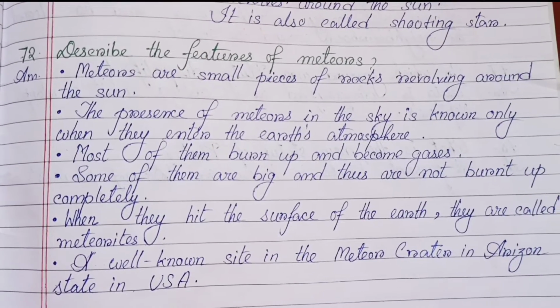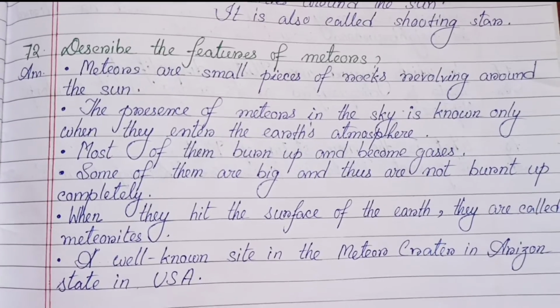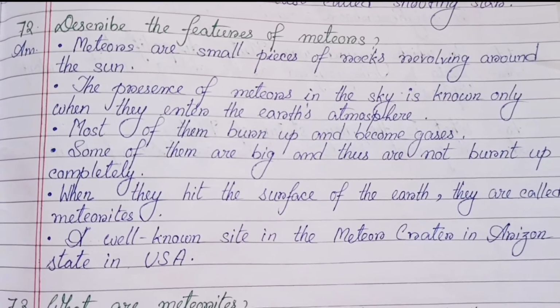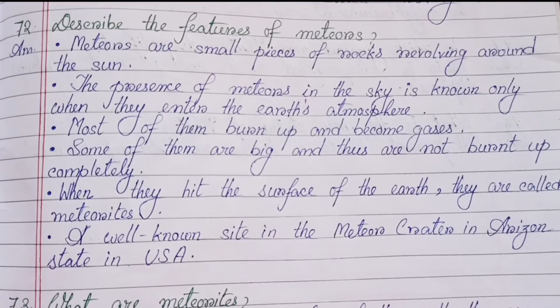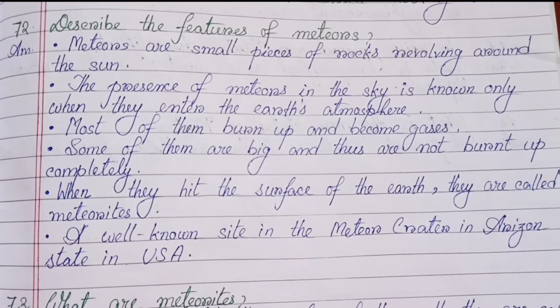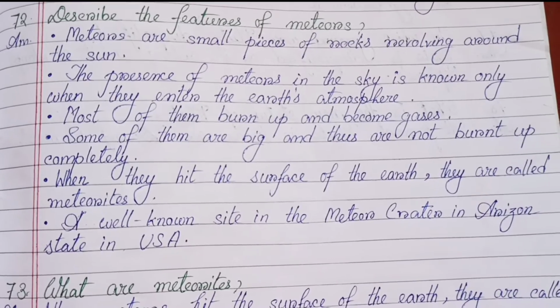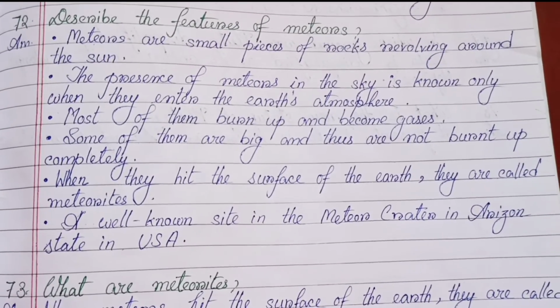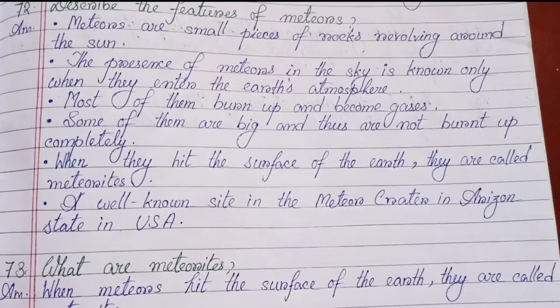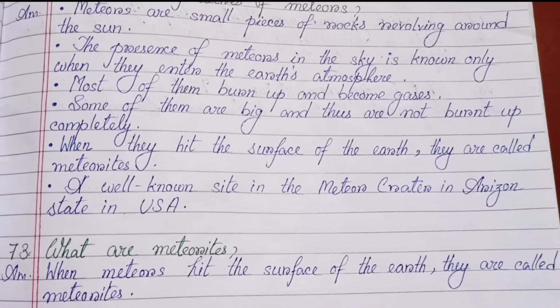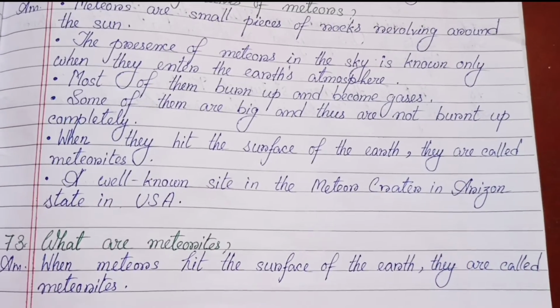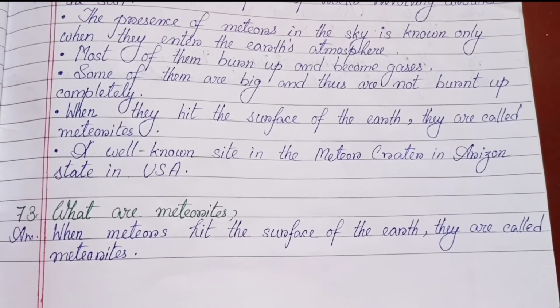The presence of meteors in the sky is known only when they enter the Earth's atmosphere. Most of them burn up and become gases. Some of them are big and thus are not burnt up completely when they hit. When they hit the surface of the Earth, they are called meteorites. A well-known site is the Meteor Crater in Arizona State in the USA.